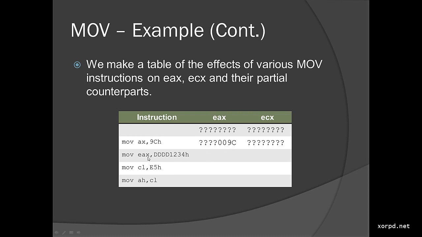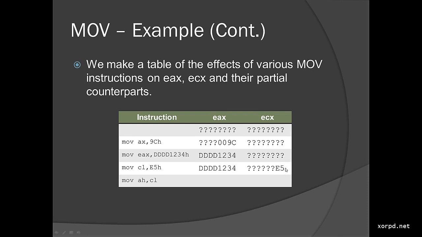The next instruction is going to be the copying of this value, DDDD1234, into EAX. This is going to override the previous value that we put inside EAX. The next instruction is going to assign the value E5 into CL. I remind you that CL is the lowest part of ECX, the lowest 8 bits.